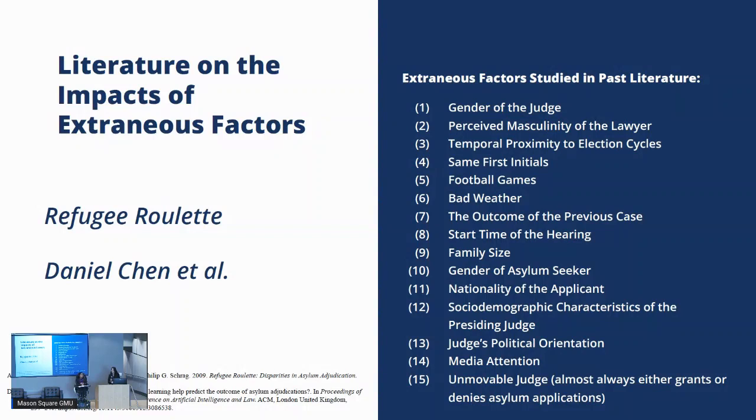This phenomenon is sometimes disparagingly referred to as the, quote, what the judge had for breakfast phenomenon, because seemingly trivial things, like whether the weather that morning was particularly dreary, or whether the local team lost the football game the night before, or even whether the applicant had the same initials as the presiding judge, all have statistically predictive effects on the outcomes of cases.